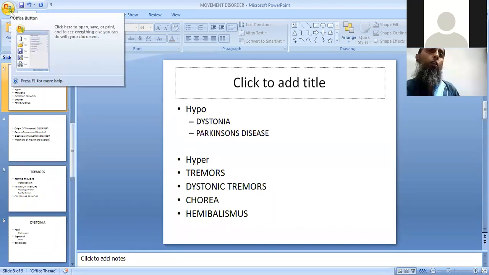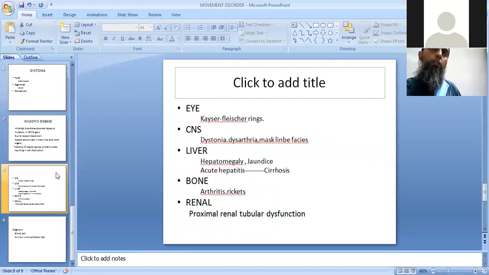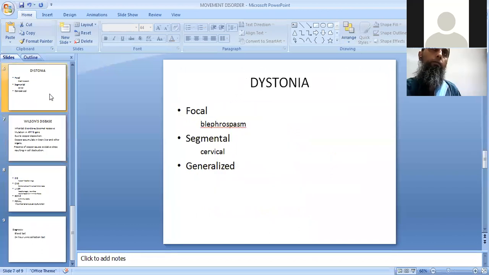And dystonic movements can be focal, that means they are only localized to one area of the body, like the eyelids. You have closure of the eyes, they cannot open their eyes, they keep on closing their eyes.